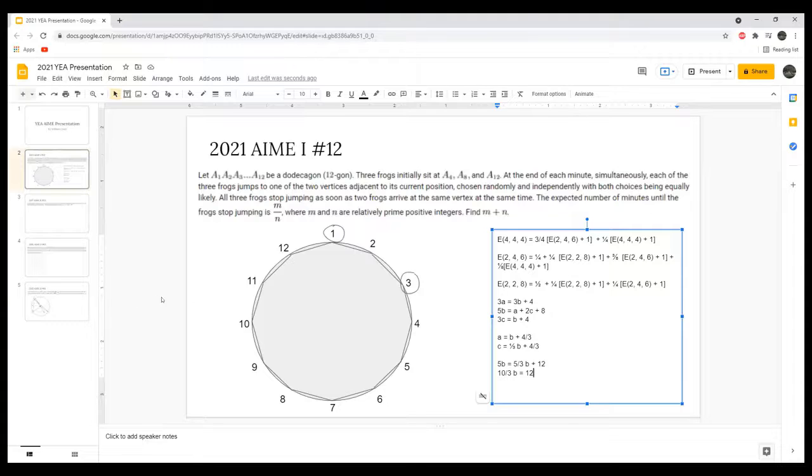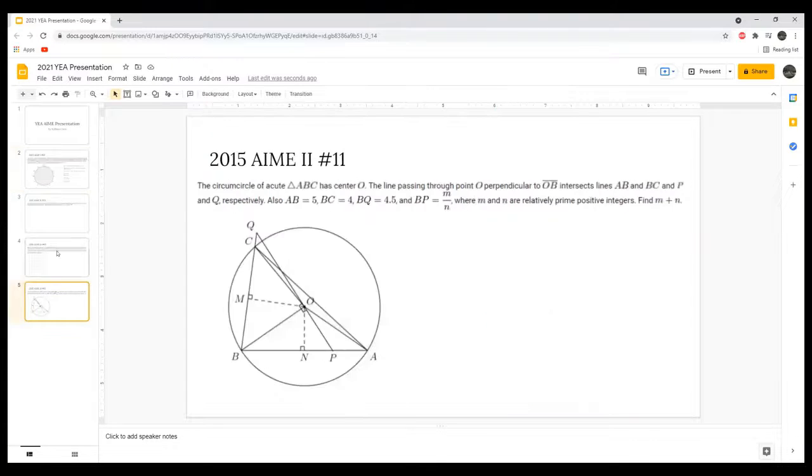But actually, I want to go to this fourth problem here with the geometry diagram first. Okay, so this is from the 2015 AMC 12, and it was number 11.